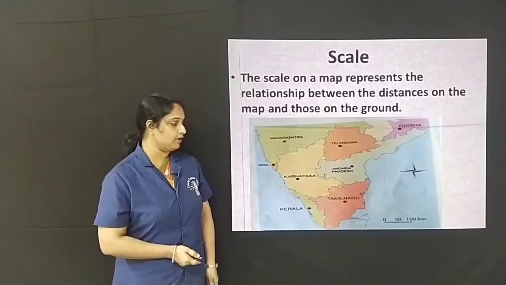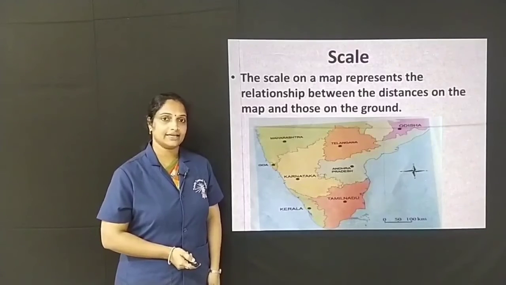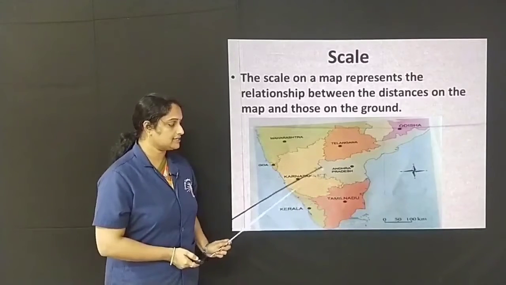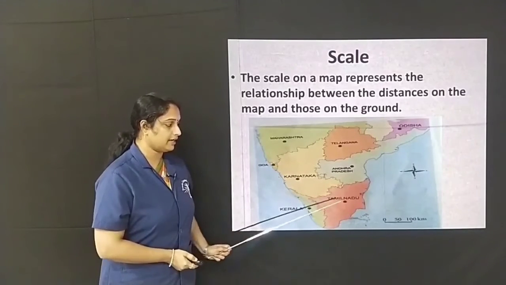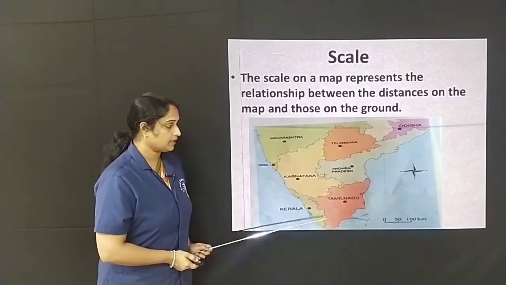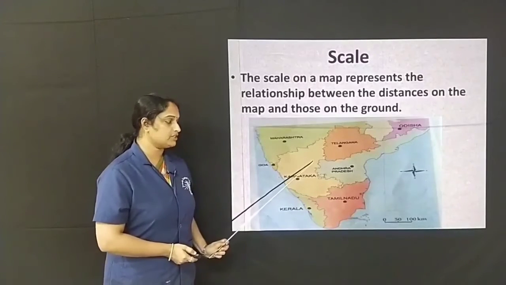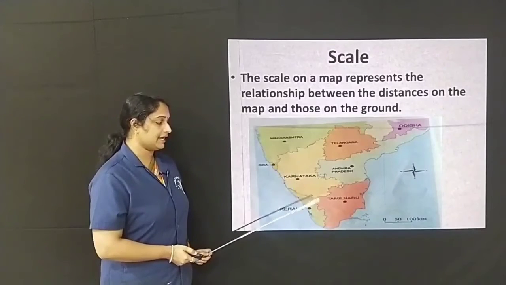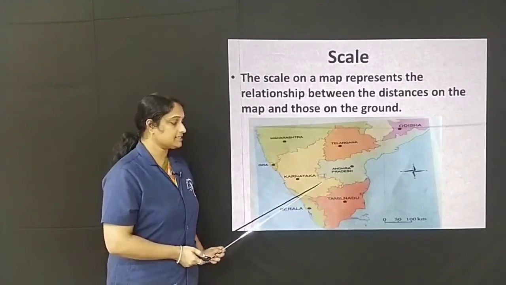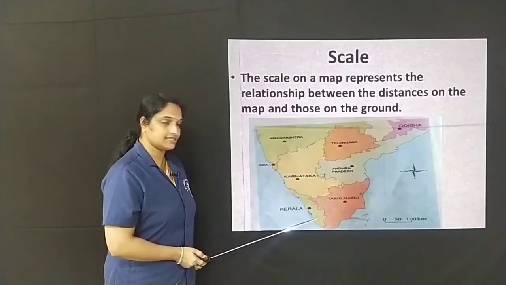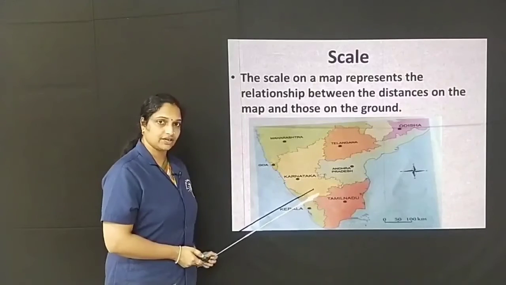We can take the example of Karnataka and Kerala state. Look at this map. Here you can see the map of Karnataka and the map of Kerala. Now we can see the border measurement of Karnataka state and Kerala state. Karnataka state is larger than Kerala state. So how can we measure that?